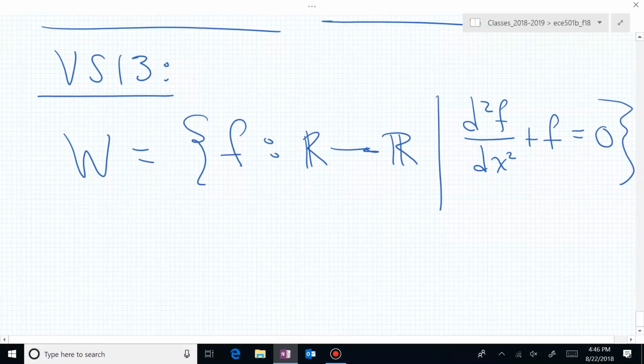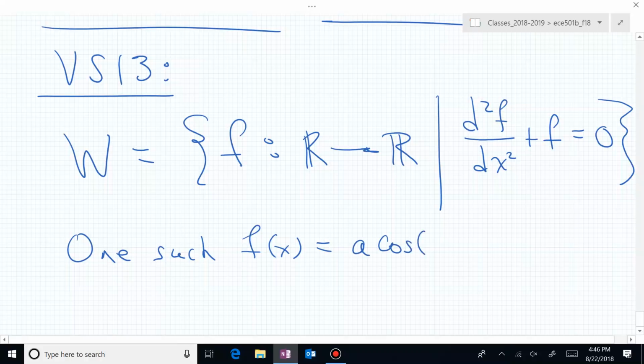Can you think of an example there? So if you're thinking trig, you're thinking in the right direction. In one example, you could say, oh, f of x equals a cosine x plus b sine x. That would be a particular vector in that vector space.